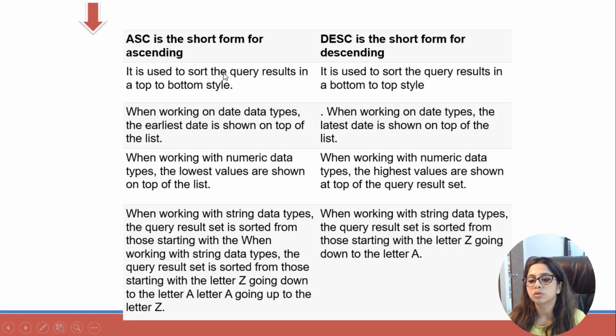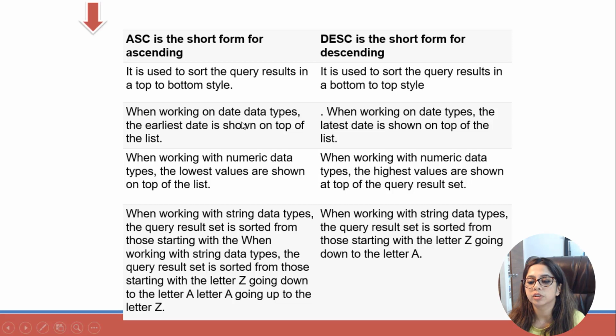It is used to sort the query, where ASC sorts in a top to bottom style, based on small to big, low to high. That is the ascending order. DESC is the opposite.